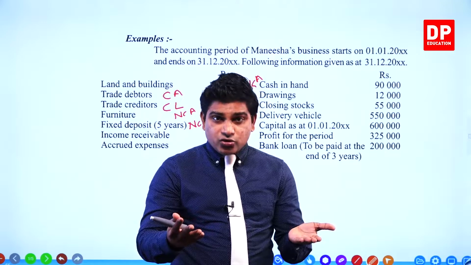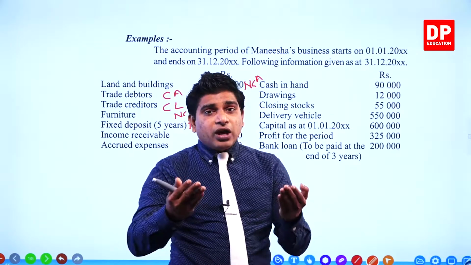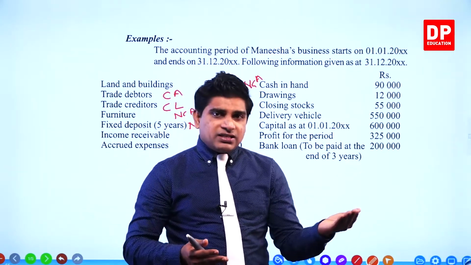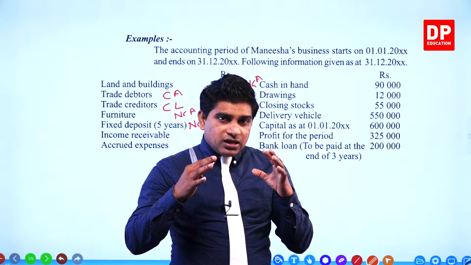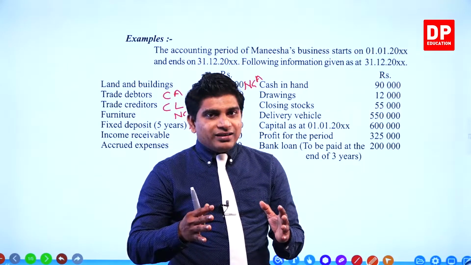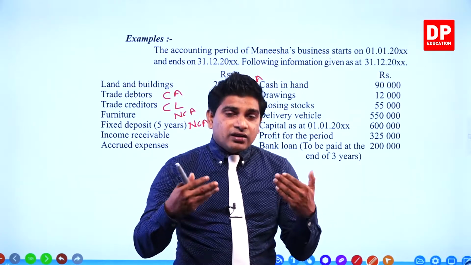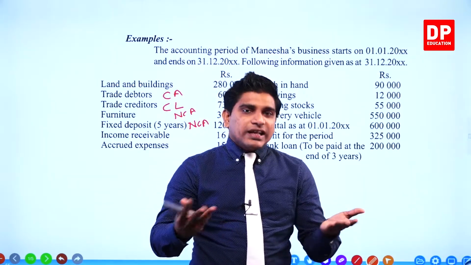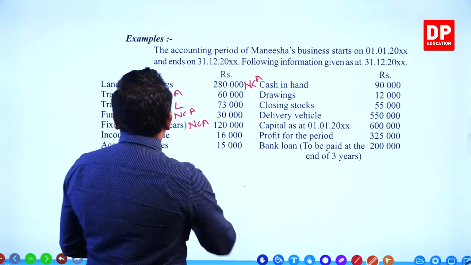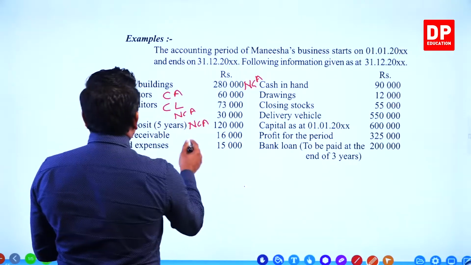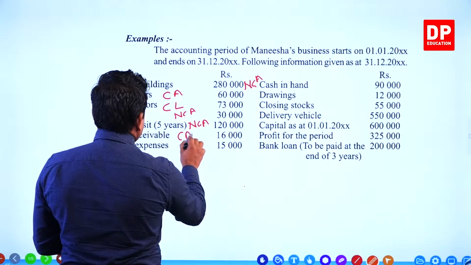The other one is investment. You can put your money in the share market or any place. It's an asset for you, but we can't see or touch it, so it is intangible. Fixed deposit is also the same. Income receivable, current assets.